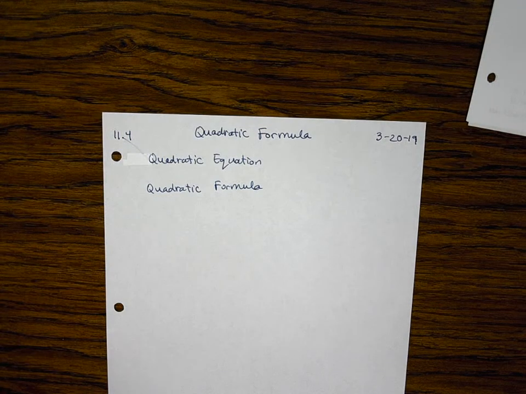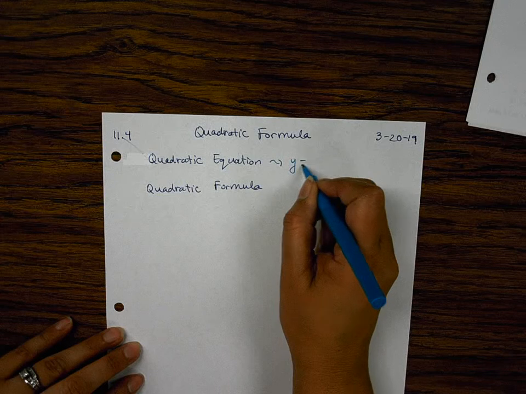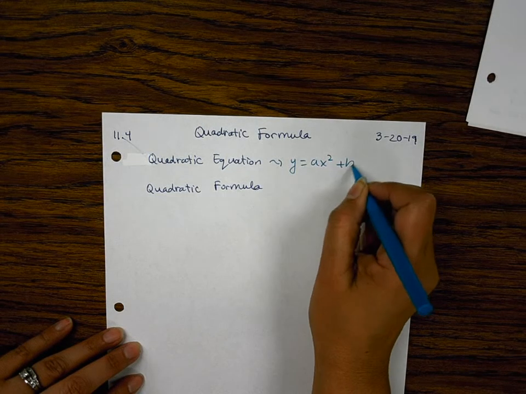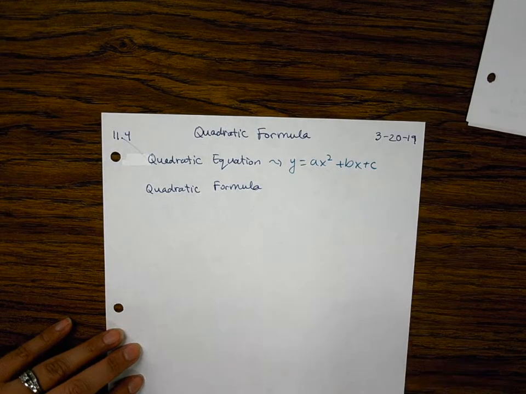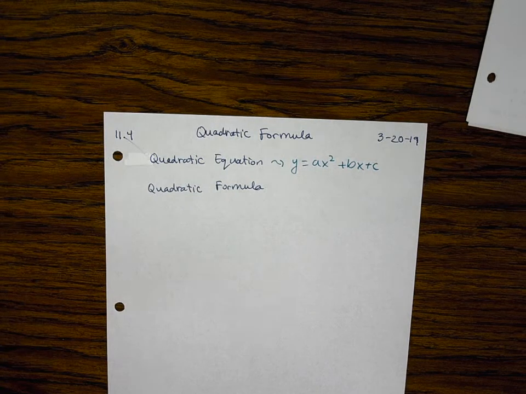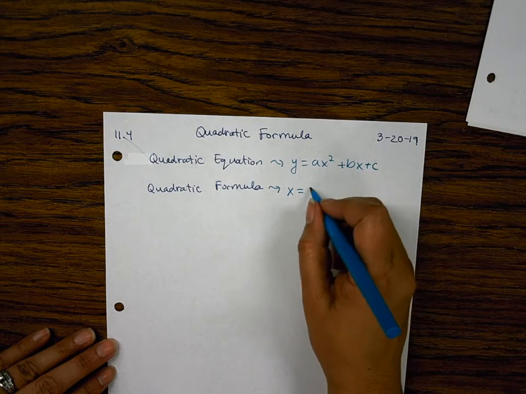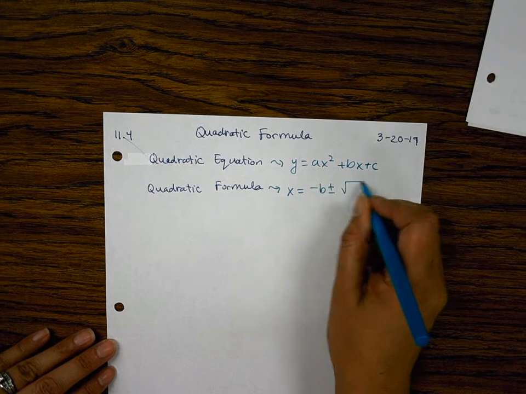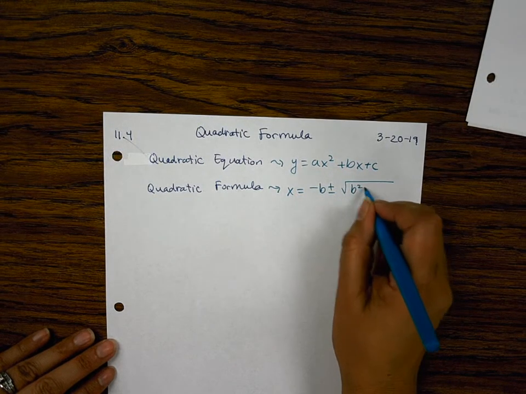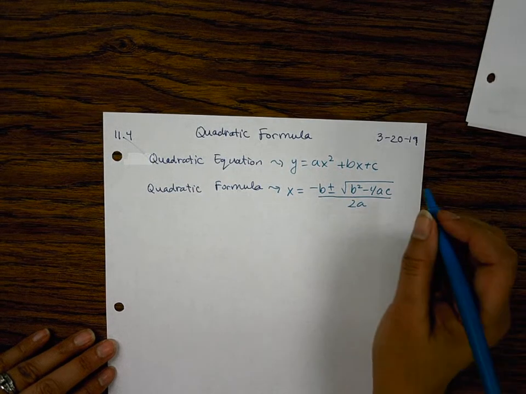Quadratic equation is what we've been used to. Y equals ax squared plus bx plus c. That's when it's in standard form, and you want it in standard form when you're using quadratic formula. Quadratic formula is x equals negative b plus or minus the square root of b squared minus 4ac all over 2a.